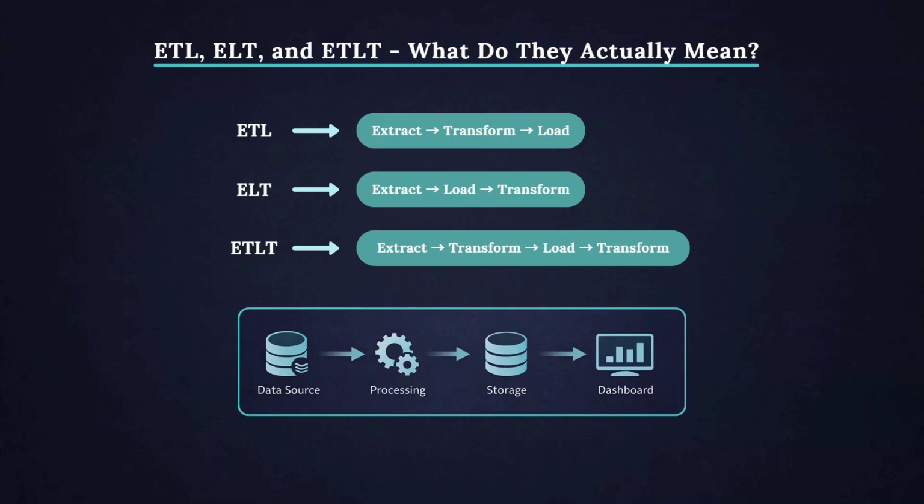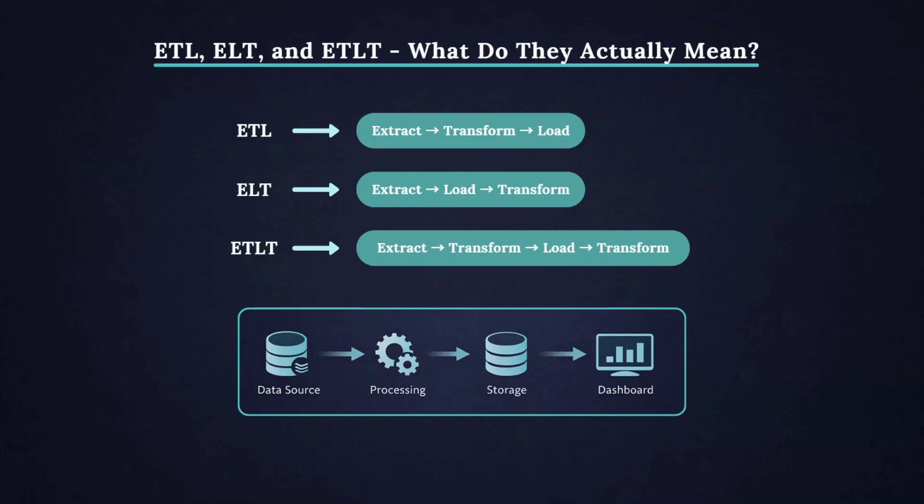Here when I say data processing, I am mainly talking about data transformation, which means cleaning the data, joining the data, shaping it into a usable format, and depending on the project, the data size and the requirements, the order of these steps can change.